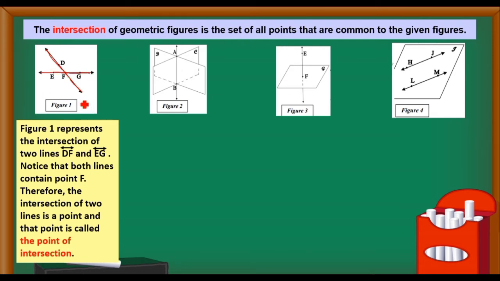Ayan. So, kung mapapansin po natin na yung dalawang line po ay nag-intersect kay point F. Ayan. Contains point F. Therefore, the intersection of two lines is a point and the point is called the point of intersection. Okay? So, since nagkaroon po sila ng intersection, ang tawag po sa kanya ay point of intersection.